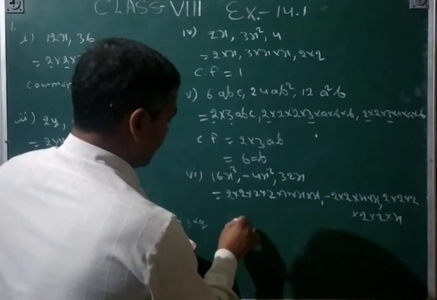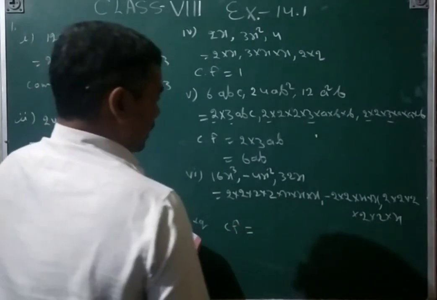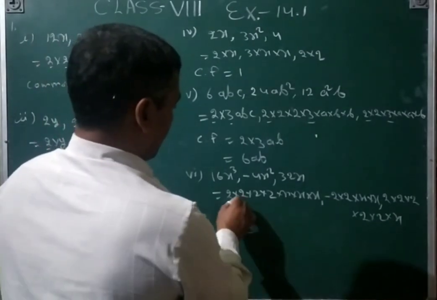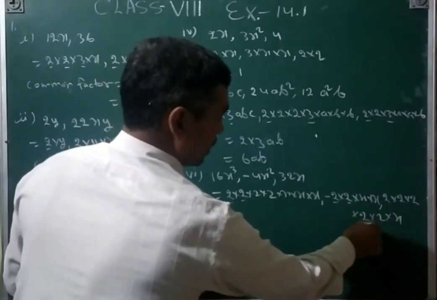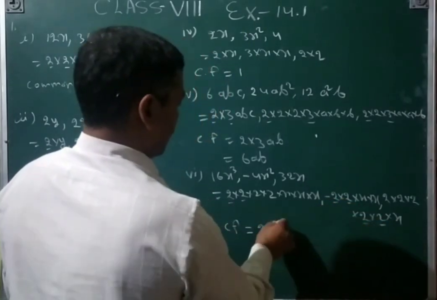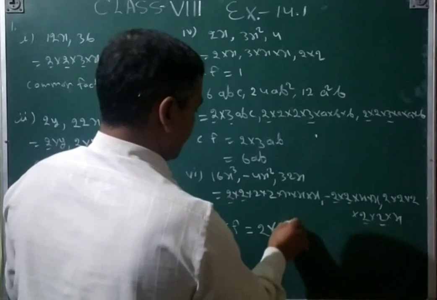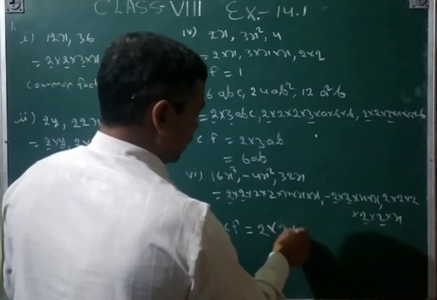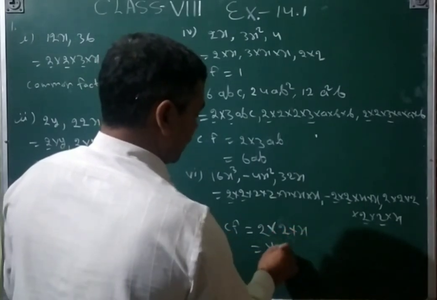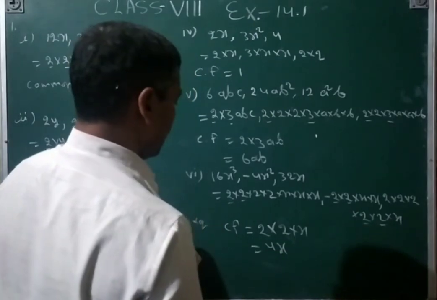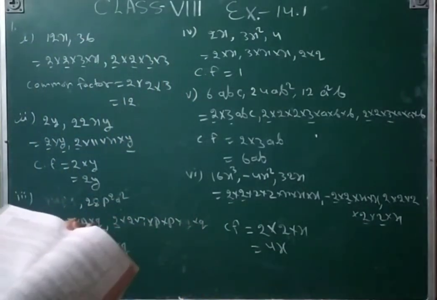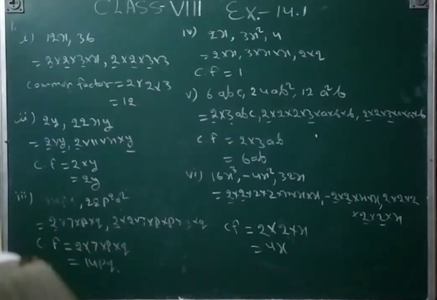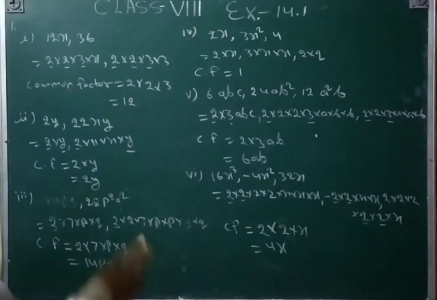So the common factor: 2 into 2 is common, and x only one time, so that will be 4x. The other parts you can do, no problem.